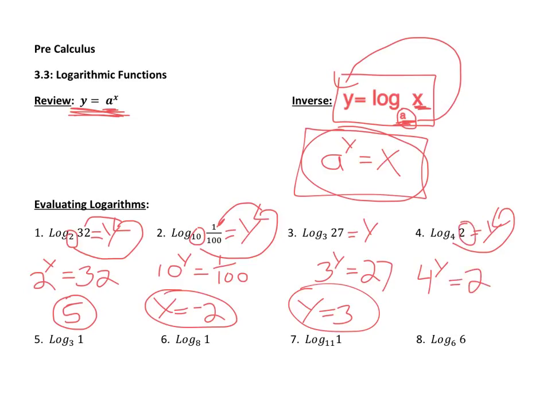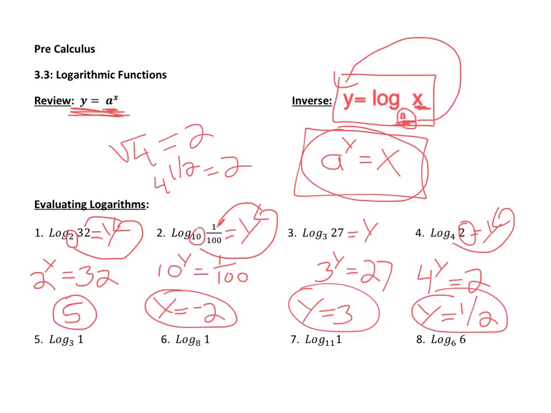Well, this one's a little bit different because now the base is bigger, but the connection here is, since you can take the square root of 4, here, I'll write it right here. Since the square root of 4 is 2, that's the same thing as taking 4 and raising it to the 1/2. So taking any number and raising it to the 1/2 is the same as taking the square root. So the answer for y is 1/2. So you can see for all of these, we're just going to put it back into exponential form and solve for the y.